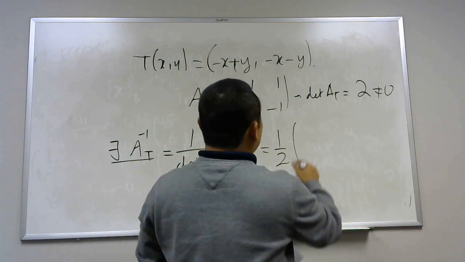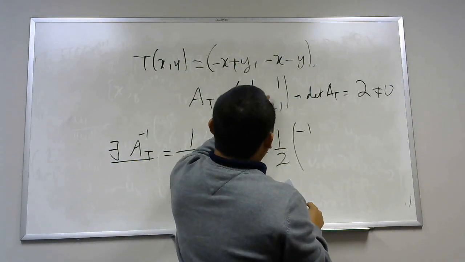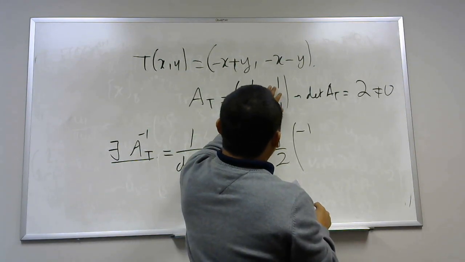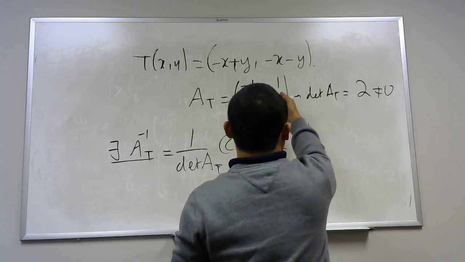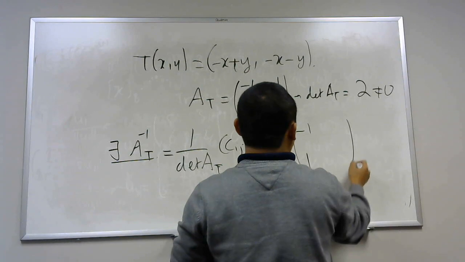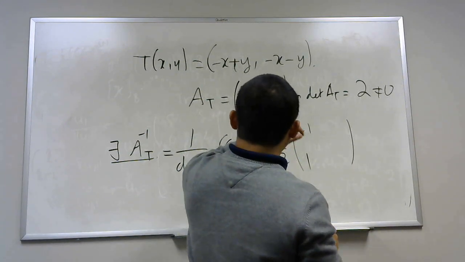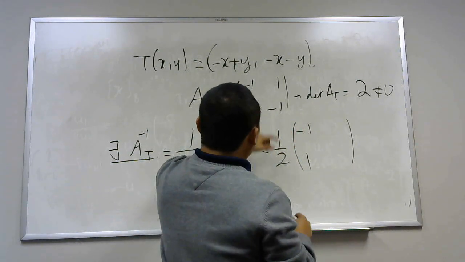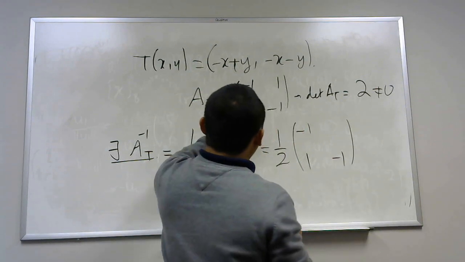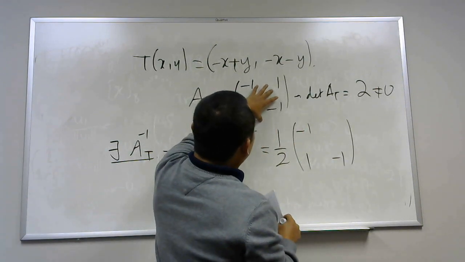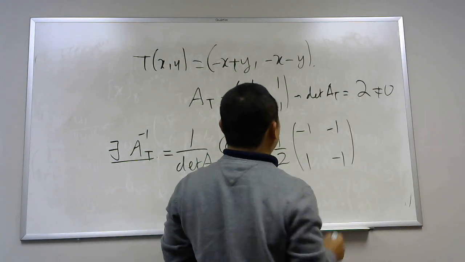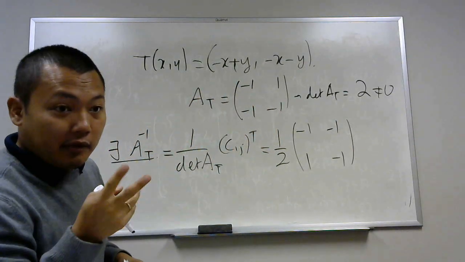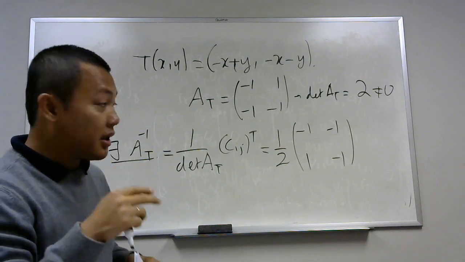The cofactor of this entry is -1. Of this entry is -1 with negative, so I have 1, right? I have 1, but I take the transpose. So I get this -1 and 1 in here, and then the cofactor of this entry is -1, of this entry is 1, right? So 1 with negative, so I take the inverse in here. Don't forget that we need to take the transpose.